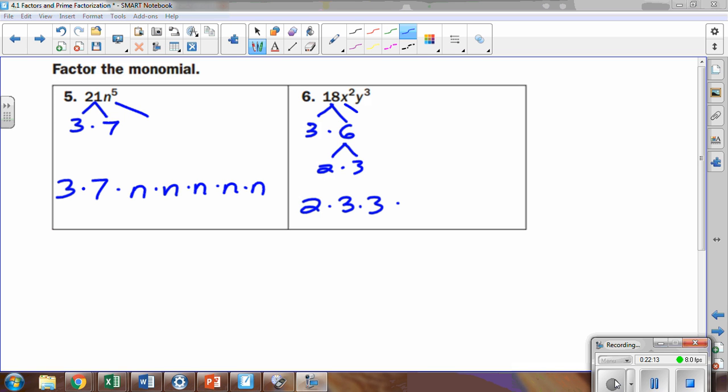Now we need the variable portion. How many x's should there be? 2. 1, 2. How many y's? 1, 2, 3. And we're done. We'll have to create a factor tree to get the number part. The variable part is just nothing more than counting out for the exponent.